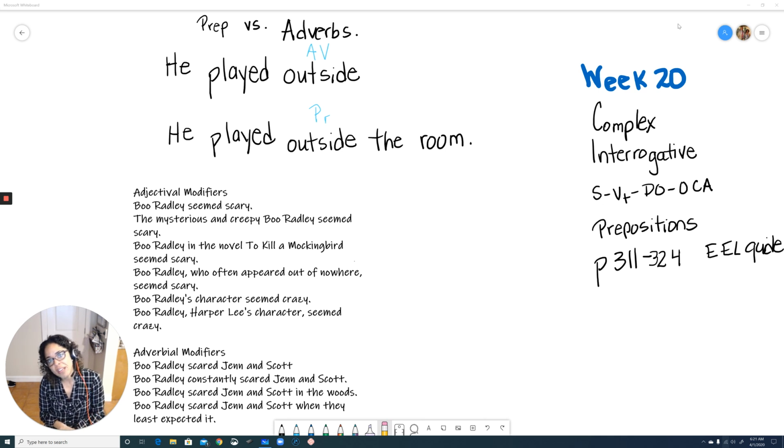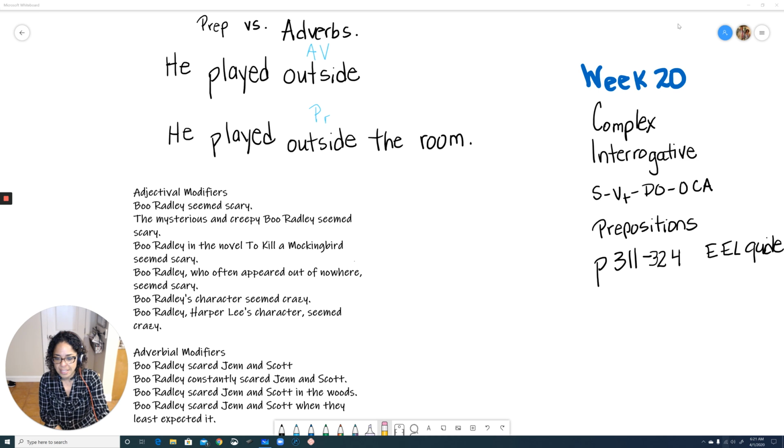So when you're diagramming and figuring out what part of speech different words are in the sentence, I don't want you to get confused. For example, I wrote down in this first example, he played outside. Now we all know that outside is in our preposition chart, and we can use that as a preposition.